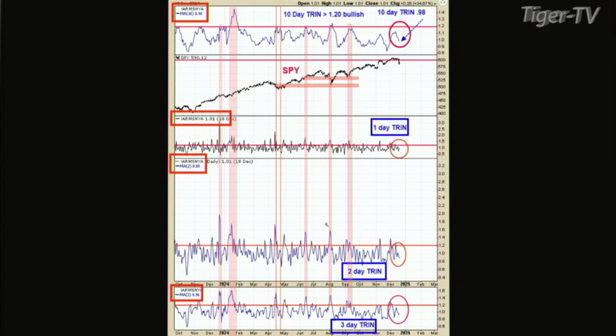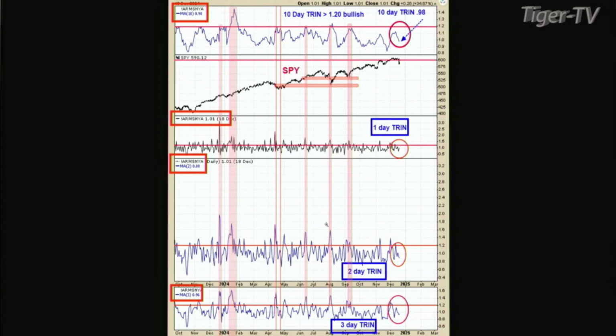The last time we got a reading near 1.2 was back in September. Even though the market kept going up and we had some minor bottoms along the way, the 10-day trend never got there. Yesterday's 10-day trend closed at 0.98, and that's with almost a 3% decline in the market. So this is kind of bearish. Normally, when you get a pullback, you want to see that trend go up.